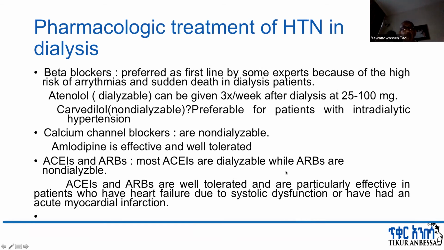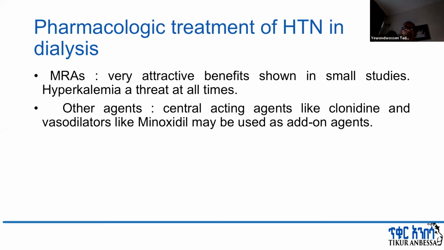Patients who've had an acute MI would need to be on either of these groups of agents. While most ARBs are non-dialysable, one must recognize that most ACE inhibitors are dialysable, and one must take this into account in timing the dose of the ACE inhibitor. Fosinopril is the only ACE inhibitor that is not dialysable.